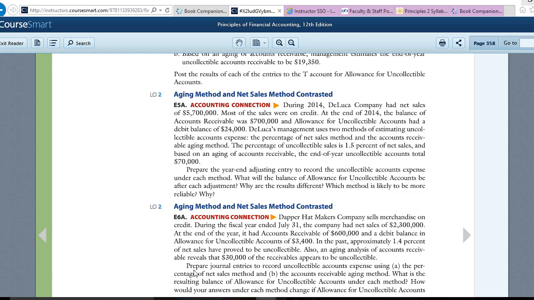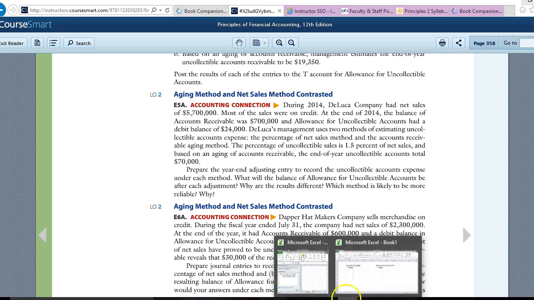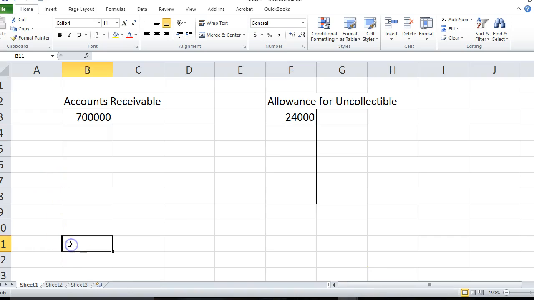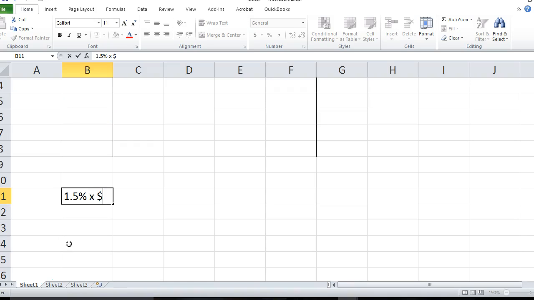So if we do it under the percentage of net sales method, then 1.5% of net sales. What are the net sales? $5,700,000. What is 1.5% of $5,700,000?